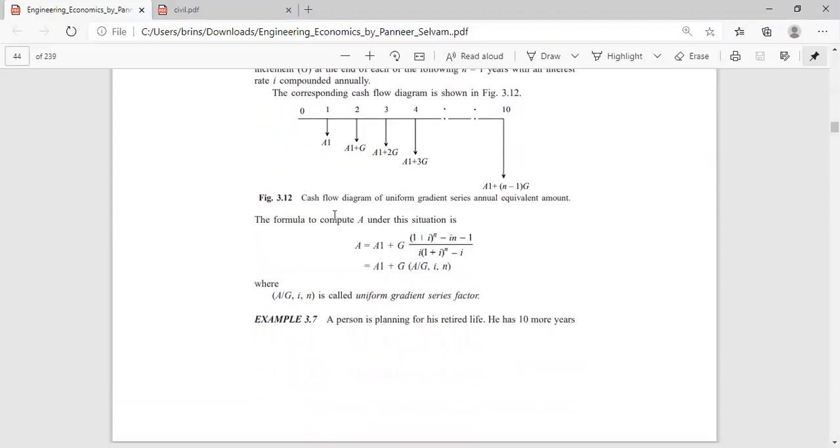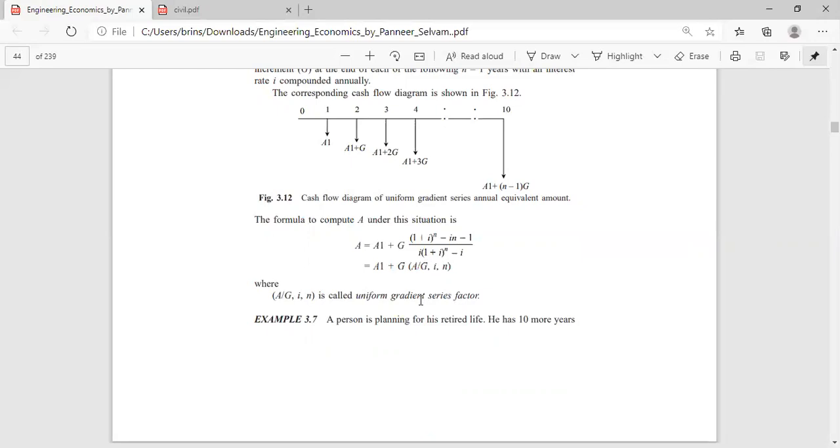They have given the formula to compute the amount in this kind of situation. That is, A is equal to A1 plus G into [(1 plus i) power n minus i into n minus 1] divided by [i into ((1 plus i) power n minus 1)].